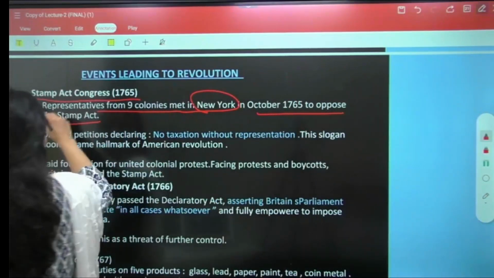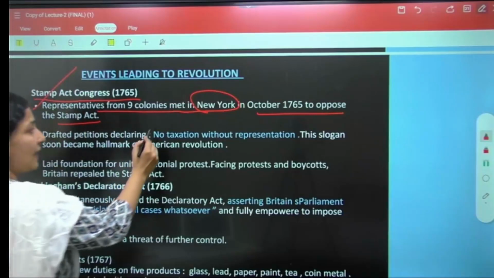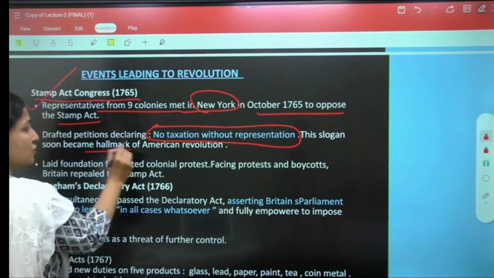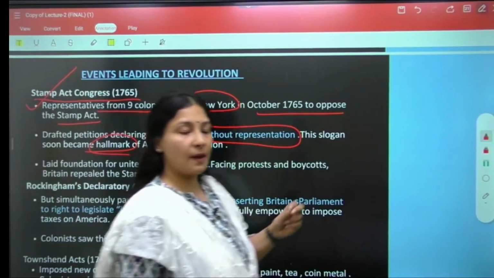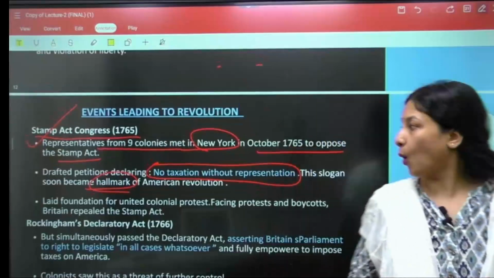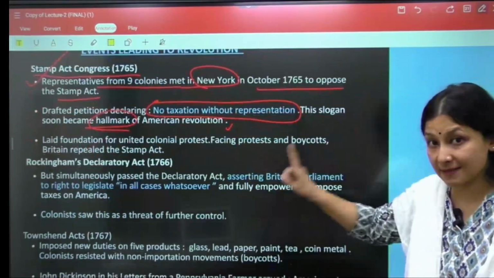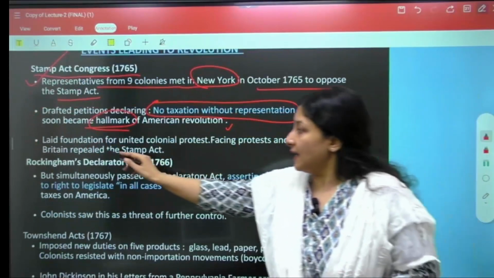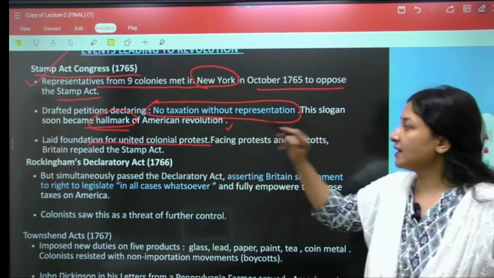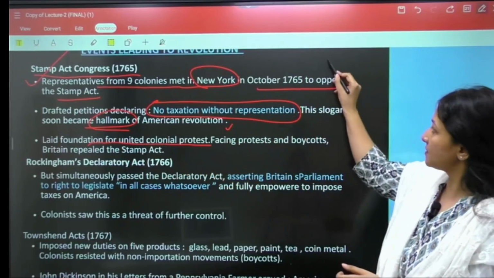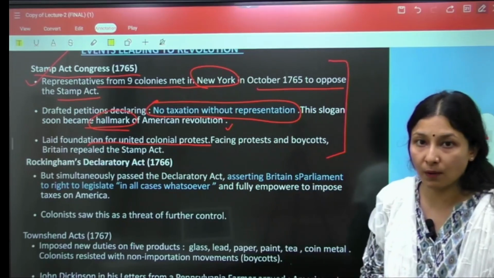So the Stamp Act Congress starts here, and they say no taxation without representation, and this point becomes the hallmark of the American Revolution. It laid the foundation for united colonial protest later. This was the first major incident we saw.